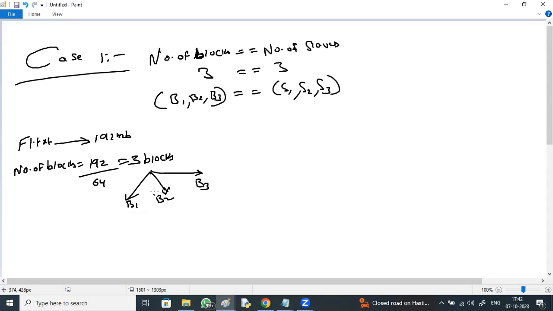How are these 3 blocks stored across the 3 slaves?